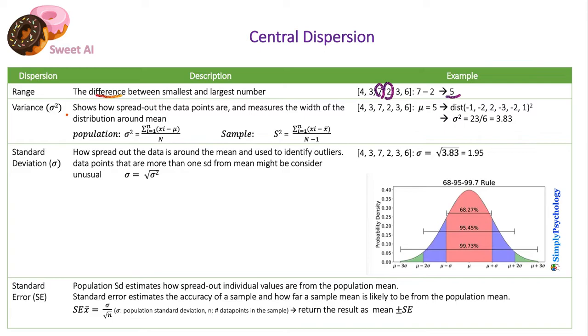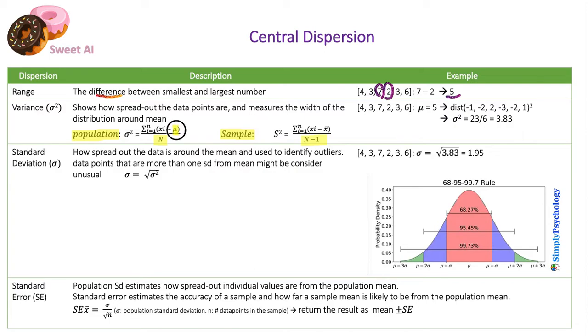Variance shows how spread out the data points are around the mean. So the way that we calculate it for population is this formula, and for samples is this formula. The only difference is this is going to be n-1, where n is the number of data points that we have, and this is going to be n.